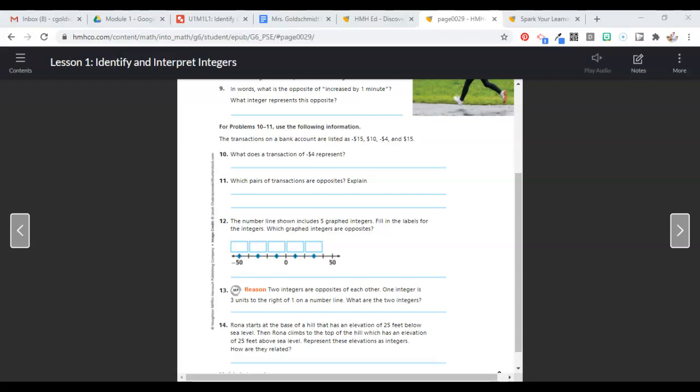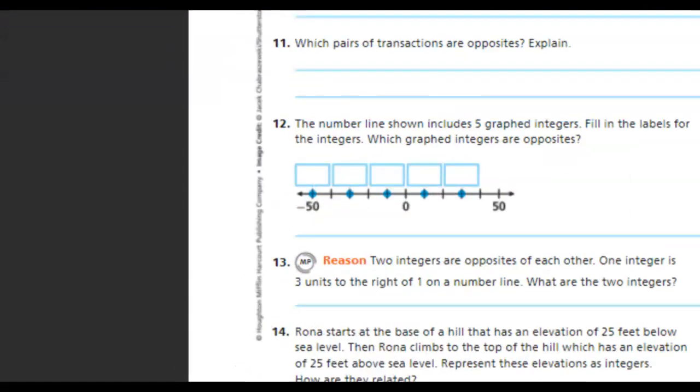So we have one here, here, here, here, and here. So 2 are positive, 2 are negative. We're going to fill in the labels for the integers, and we're going to see which graphed integers are opposites. We have a couple things to do in this problem, but before we do anything, let's zoom in so we can see a little better.